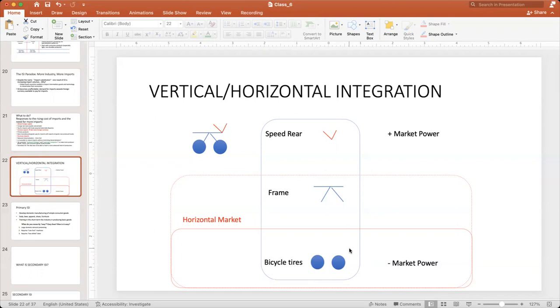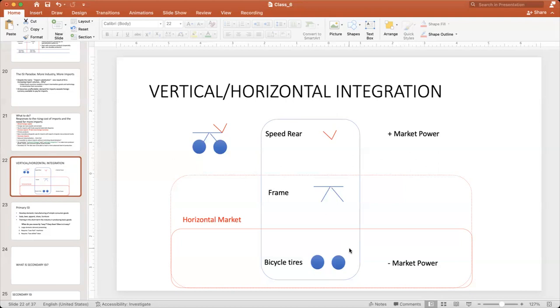This is the primary import substitution industrialization. What is the main goal in the long run? Because this is the short run strategy. So this is the present. We don't have the technology, the human capital, and the investment.